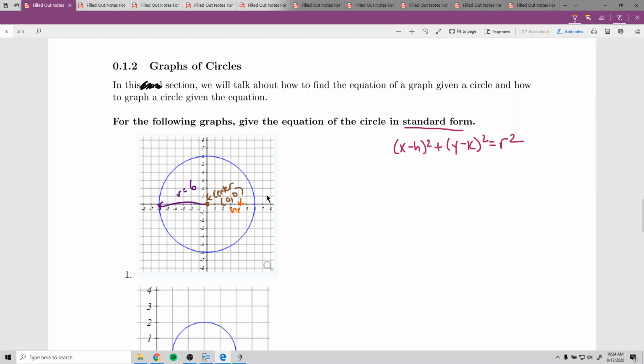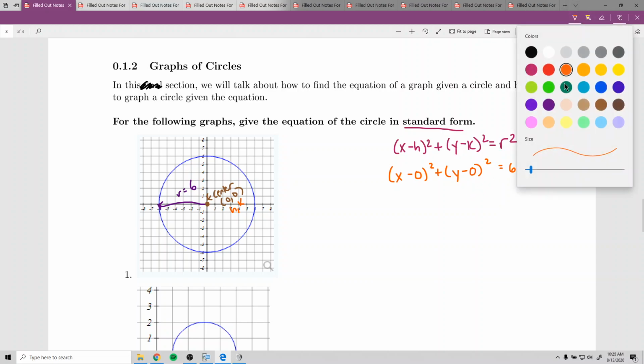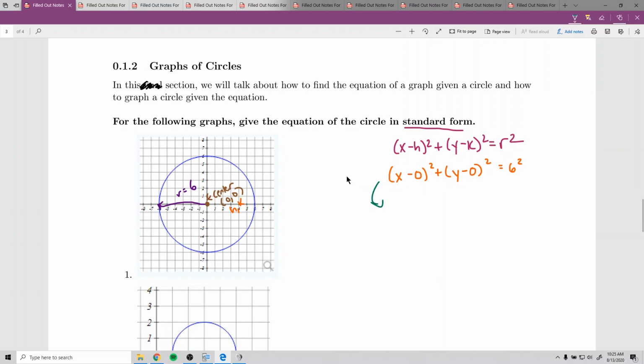Remember the coordinates for the center are (h, k), so we plug that in. x and y stick around. h is 0. y minus k, which is 0, equals r squared. r is 6. Now when you have 0 for h or k, you definitely want to simplify by getting rid of them. x minus 0 is just x, so this is x squared. y minus 0 is just y, so this is y squared, equals 6 squared, which is 36.